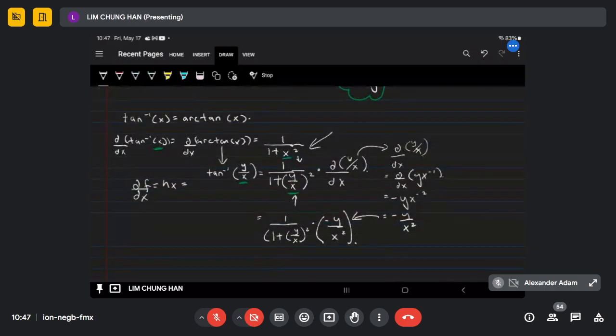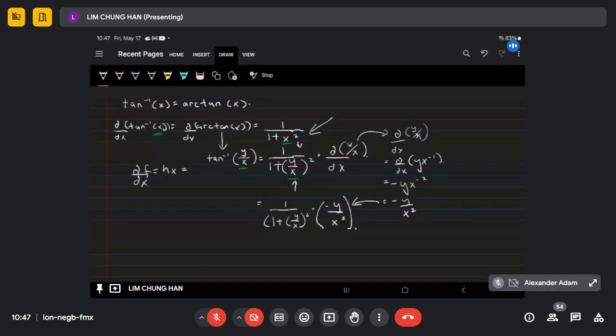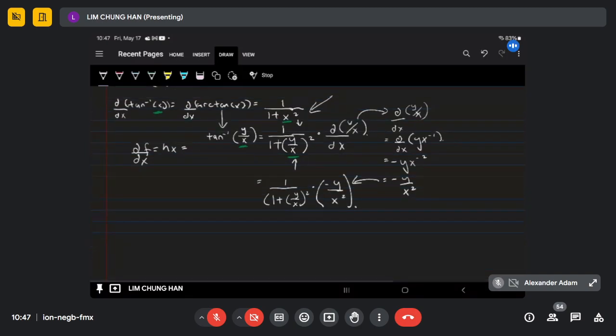Okay, so this is the first partial only. At the moment, we only found the first partial. So what is it?